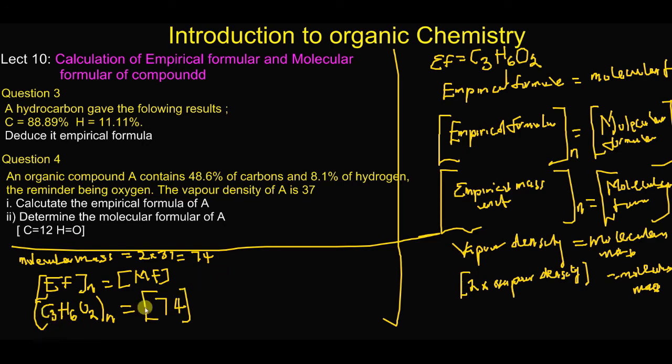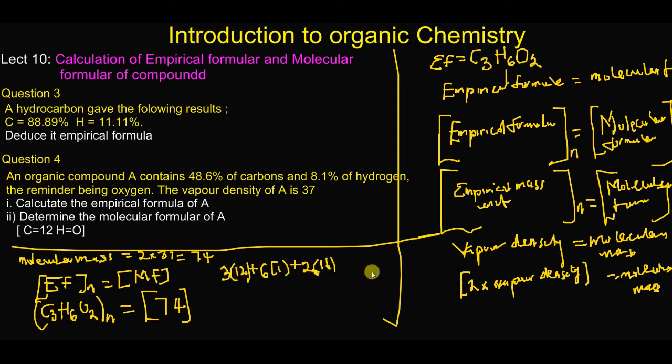We have 3 carbons here, and each carbon has a mass of 12. How many hydrogens are there? 6, and each hydrogen has a mass of 1. And how many oxygens are there? 2, and each one has a mass of 16. The question will give it to you.